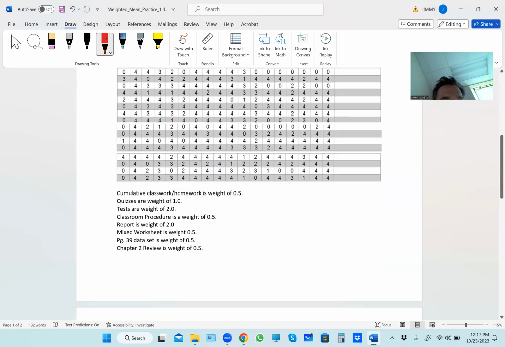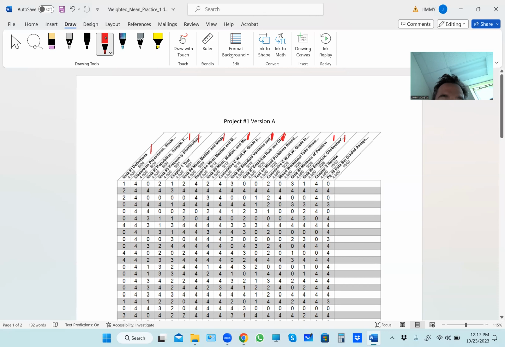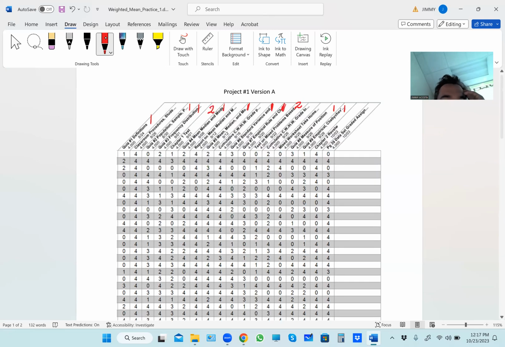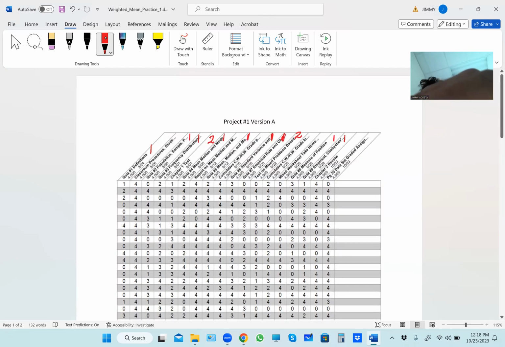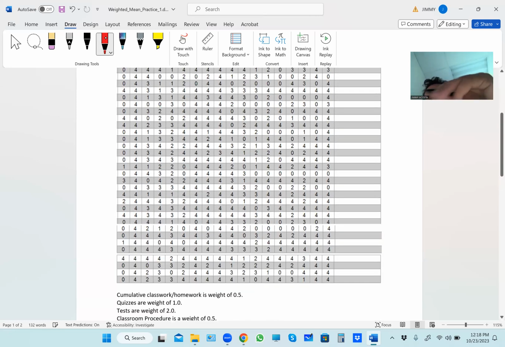The chapter tests are worth 2. So where it says a test, I'll put a 2. Chapter 2 review is 0.5. Page 39 is also 0.5.